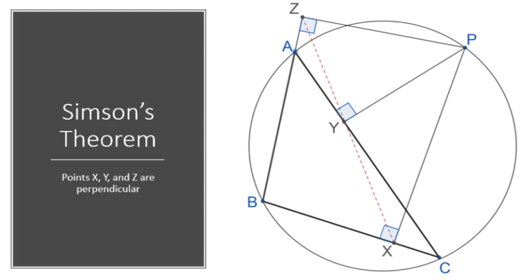Then, taking, say, A as our right angle, as we did in that diagram, we know that P, A, Z, and Y are all the same point. And since we only have to choose the line through Y and X, which would necessarily go through Z, they are also all collinear. Therefore, for any point P on the circumcircle of ABC, we can show that points Z, Y, and X are collinear, thus concluding our proof of Simson's theorem itself.